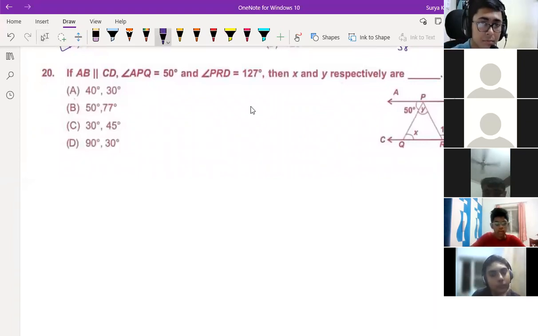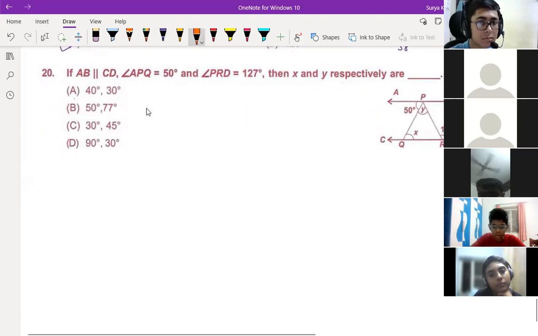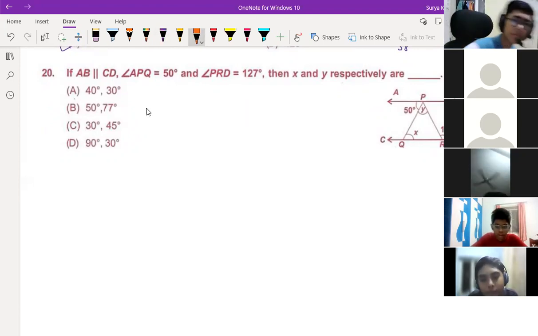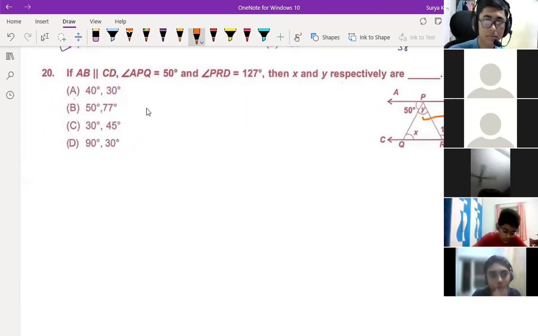Angle APQ is equal to 50 degrees. Angle PRD is 127. Then X and Y respectively are. So, sir, option B. Y you can find, children, right? It's option B, sir. X will be 50.